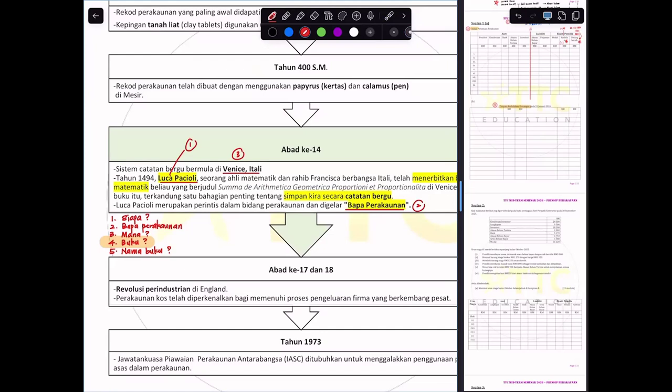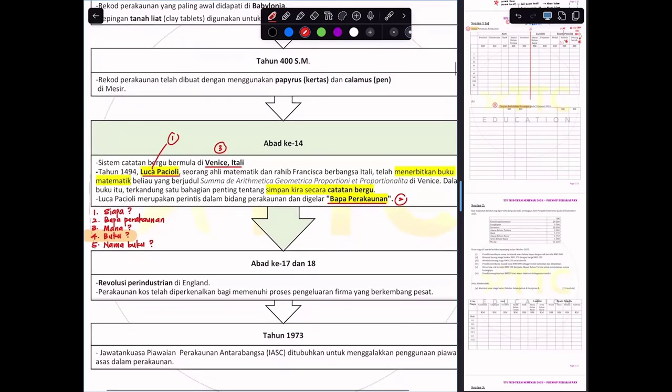Another one is buku matematik. In this case, always remember what you pick should be buku matematik, because this guy is actually a mathematician, not someone who studied accounting. He has nothing to do with accounting at all. He is doing mathematics. So whenever you have this kind of question, pick buku matematik.